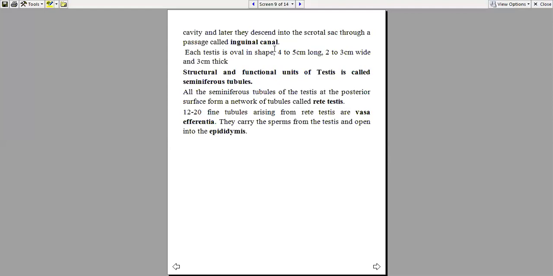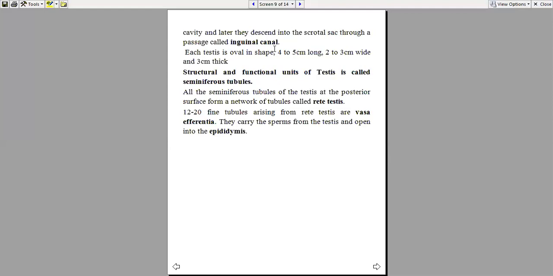Structural and functional unit of testis. Now our testis is made up of certain units of cells. They are called seminiferous tubules. The functional units of testis are seminiferous tubules. Now all these seminiferous tubules form a network or a bundle.